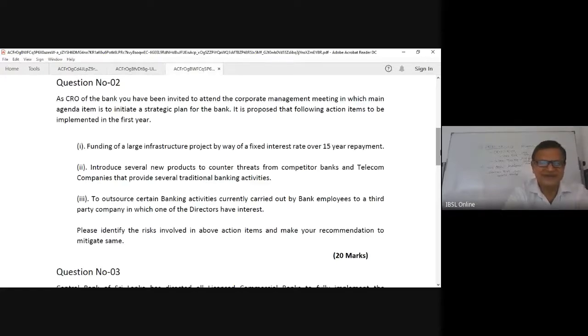The third one here is to outsource certain banking activities currently carried out by the bank employees to a third-party company in which one of the directors has an interest. Now, what is the risk here? That one is about outsourcing.